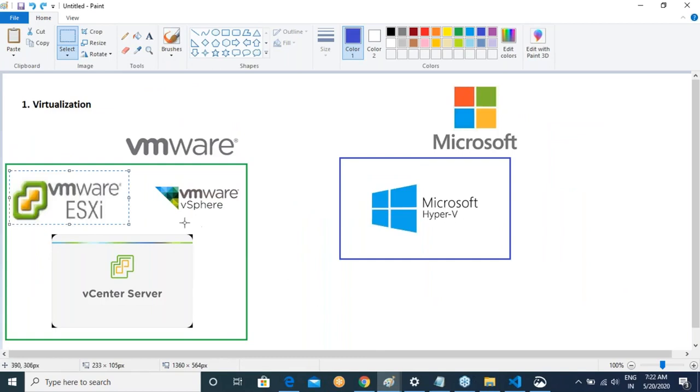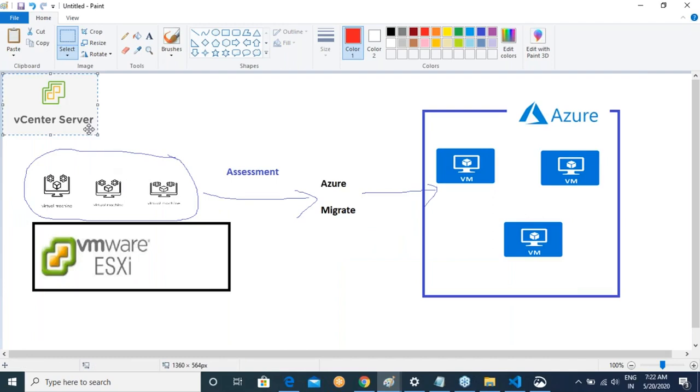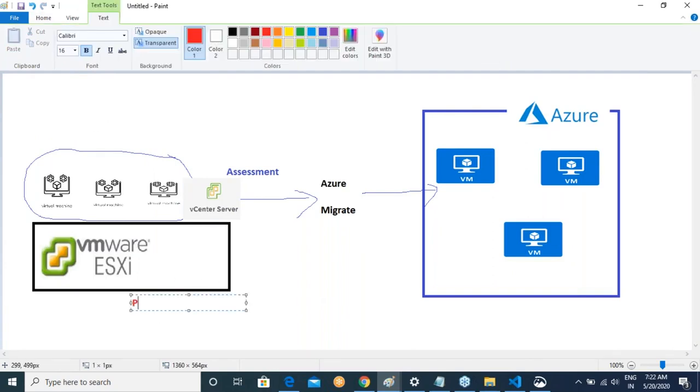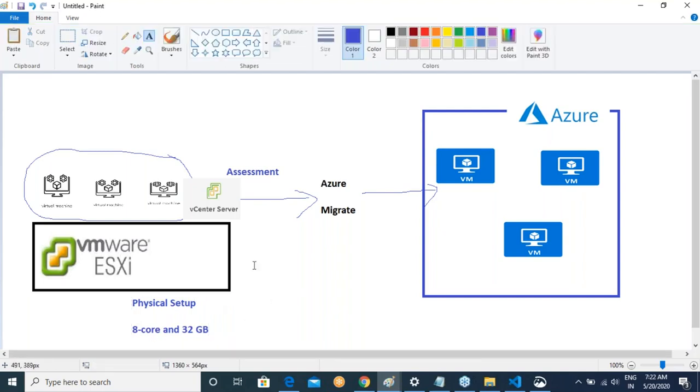You need to have one vCenter server created in addition to the virtual machines which you have, and this requires you to have a physical setup. So what I do is I have one laptop which is 8 core and 32 GB of RAM, and I use that machine to show this migration.